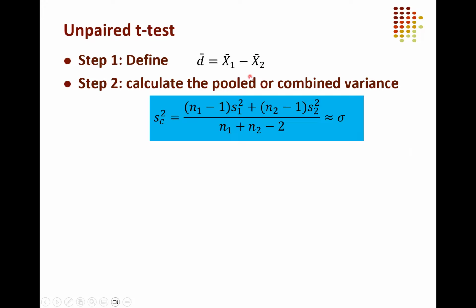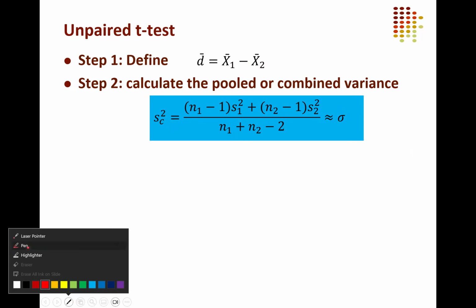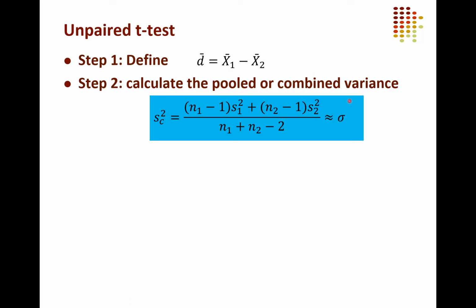Therefore, if we calculate the average value, that is going to be a good representative of their population variance. Pardon for the square missing over here. I can put that right now.